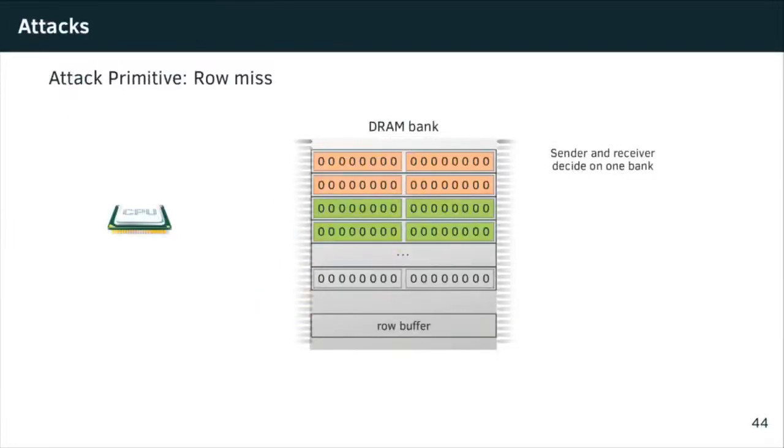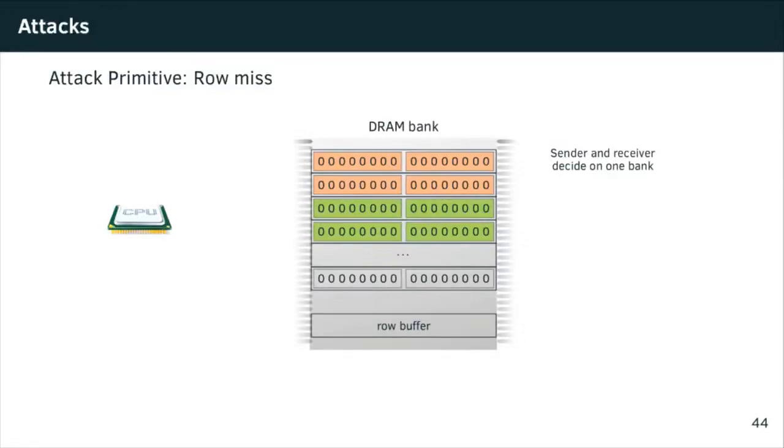In this animation, we have again a DRAM bank, and I'd like to explain the primitive that we can use to communicate through the DRAM without anyone noticing it, and with no chance to block it. We have a sender and a receiver application, and they agree on some DRAM bank. They can do that beforehand, so it can be hard-coded in the application.